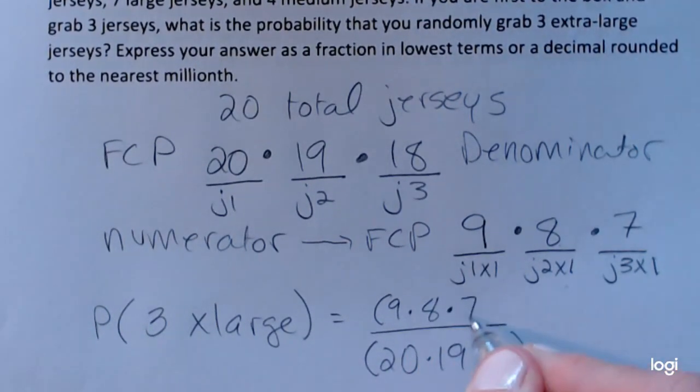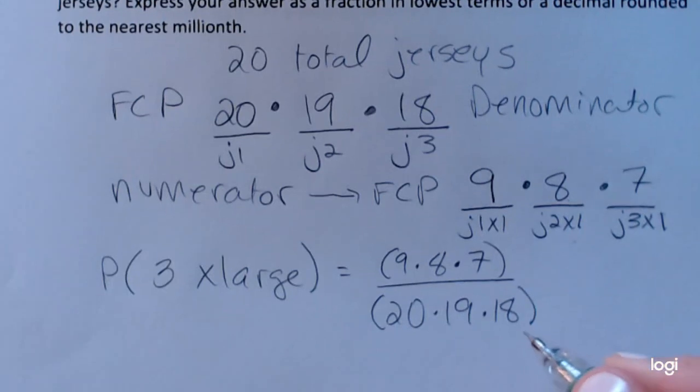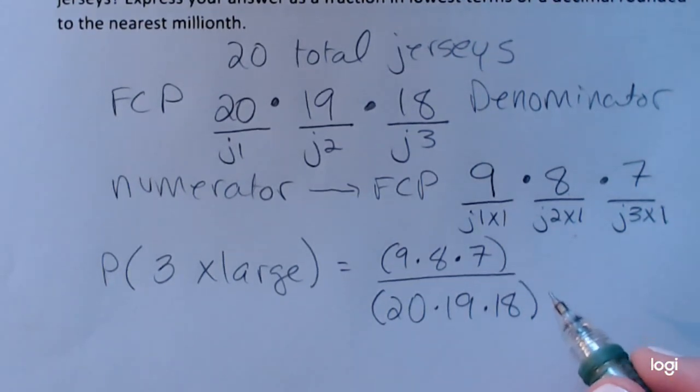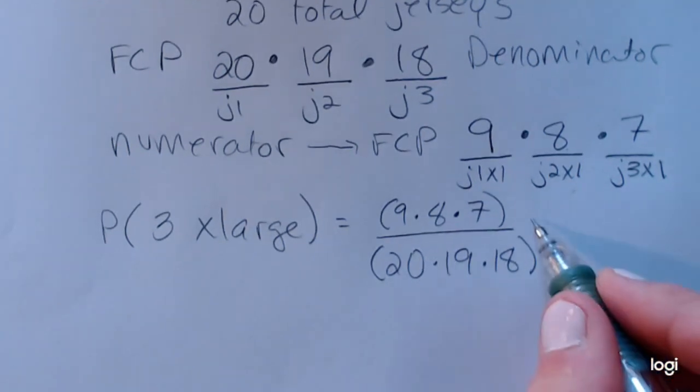The reason I put parentheses around this is because if you're going to put this into your calculator, it's to your advantage to put parentheses around the numerator and the denominator, just so the calculator will appropriately observe order of operations.